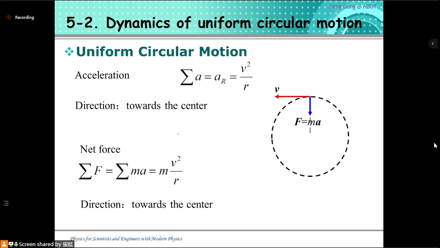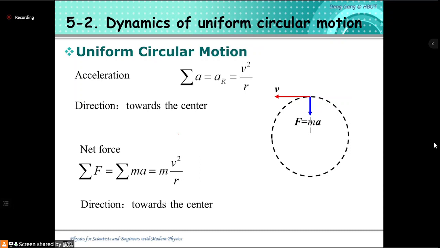If we want to change the magnitude of the speed, we need a component of acceleration along the direction of the speed, not perpendicular. Even if it's perpendicular, it can only change the direction, it cannot change the magnitude.